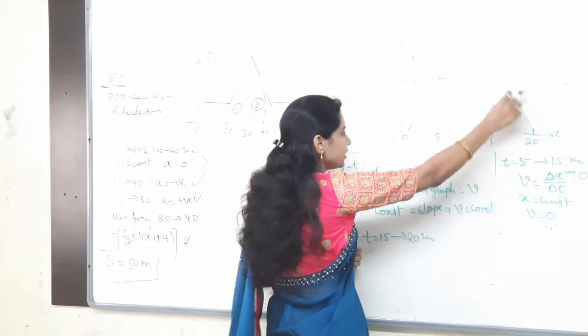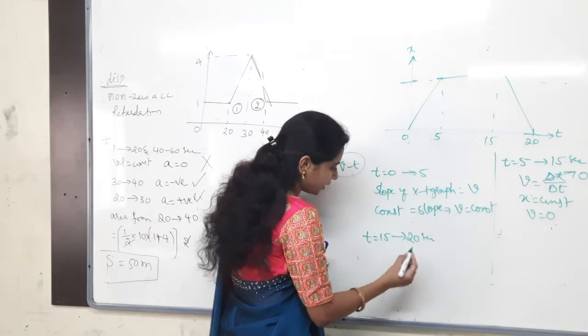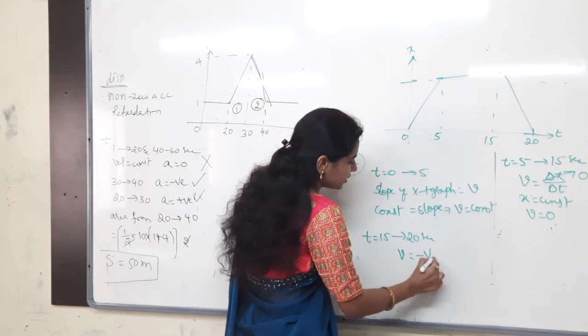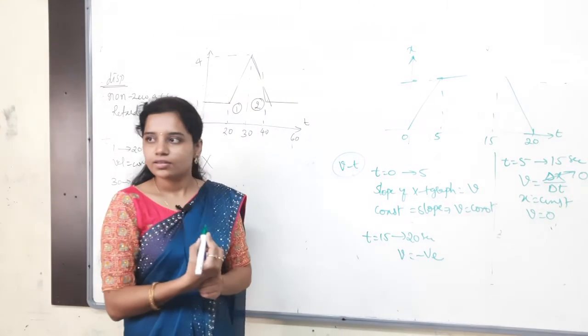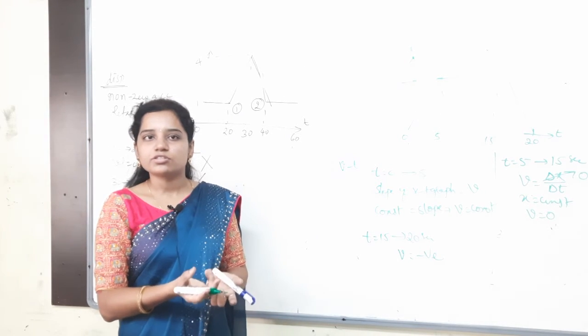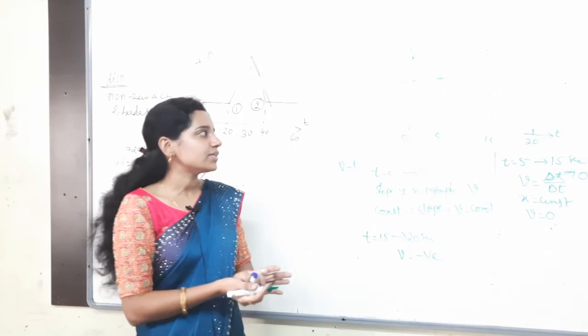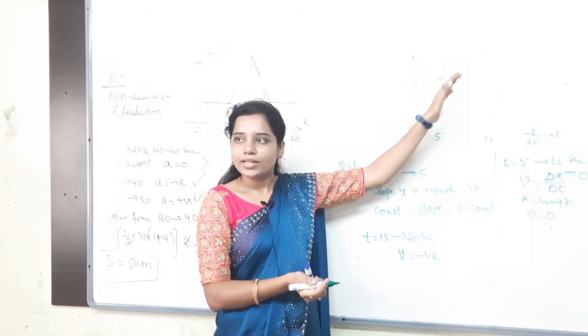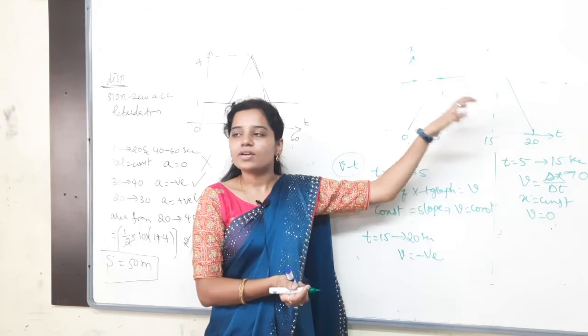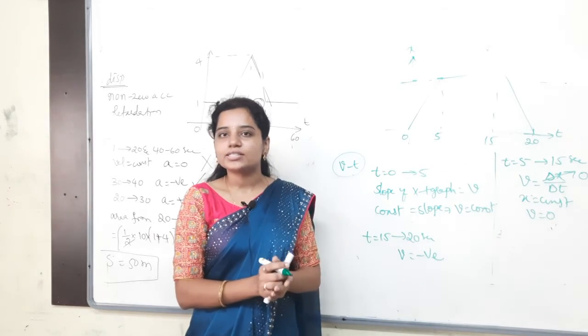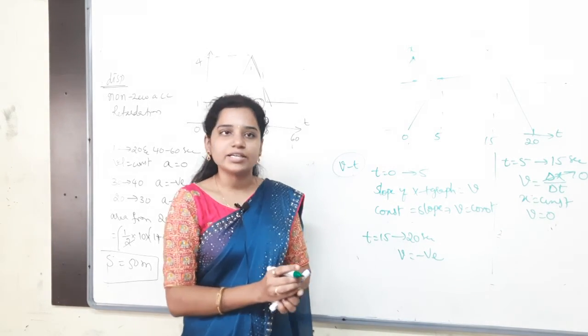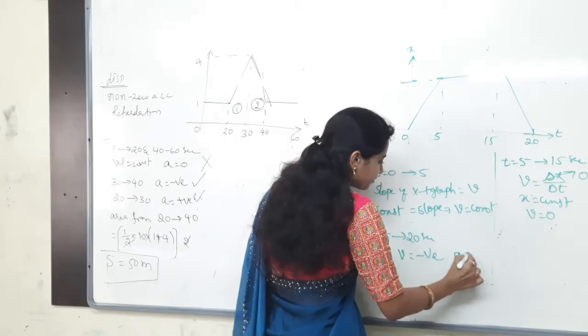So now it is a decreasing slope, so I can clearly say that velocity is negative. Initially it had some value and it is decreasing now. Whenever the velocity is decreasing, is it acceleration or retardation? Retardation you will get. So acceleration will be negative.